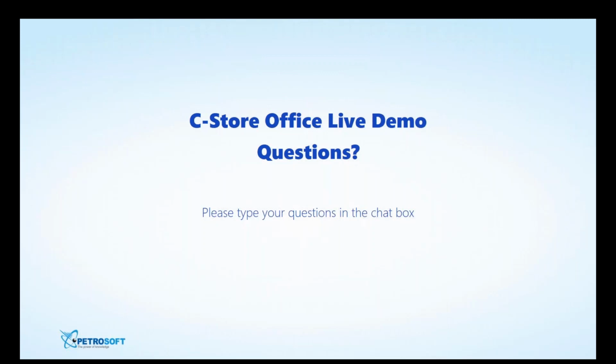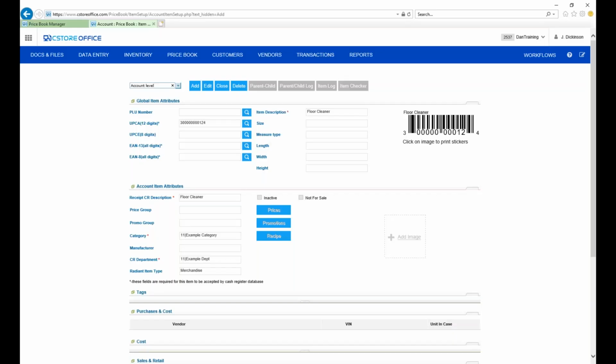Deshant, real quickly, I did see that you asked how you can enter a UPC code. You saw on the prior item setup screen, when you're adding a new item, this is where you would input a new UPC code. And you asked whether you can use a scanner to do so. You can.